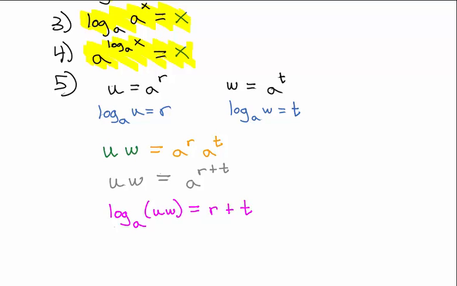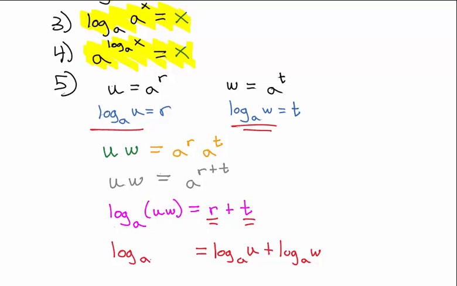And here's the rub. The important conclusion is r is log base a of u, plus t is log base a of w. Which means log base a of uw is equal to log base a of u plus the log base a of w.